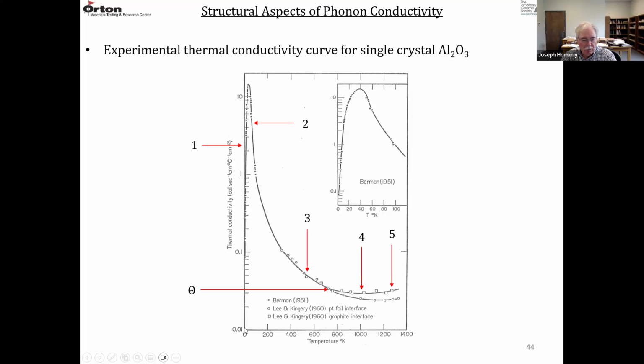Region 1 is just above 0 degrees K. Region 2 is still at low temperatures. Region 3 is intermediate temperatures. Region 4 is higher temperatures, and region 5 is even higher temperatures. We'll go over each one of these regions, and note that our Debye temperature in this case is about 500 degrees K.